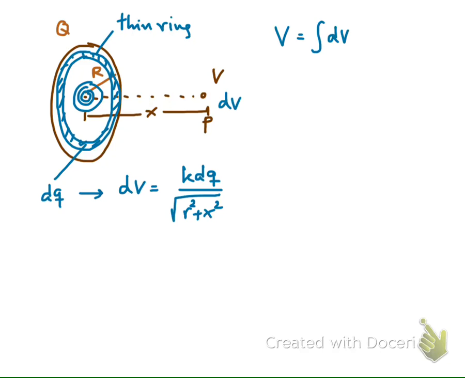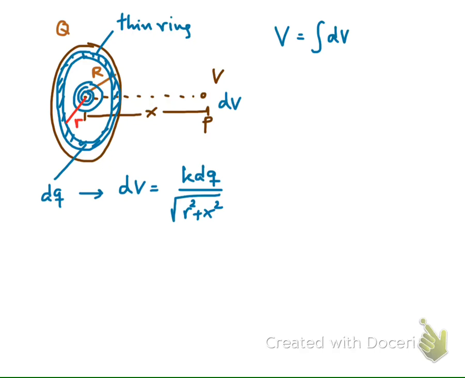Here r is the radius of this ring, so this is r. So we have dV equal to this expression.